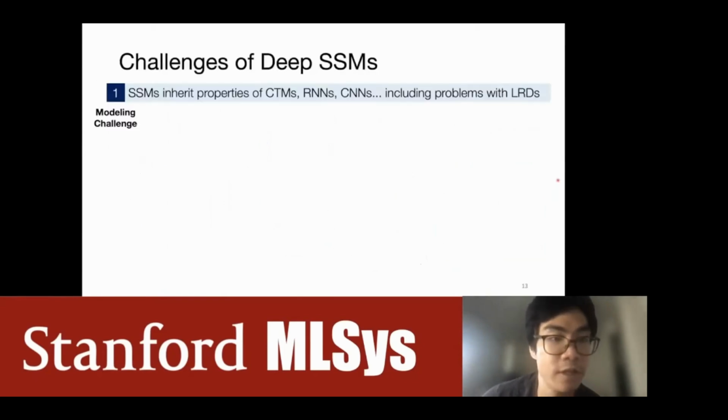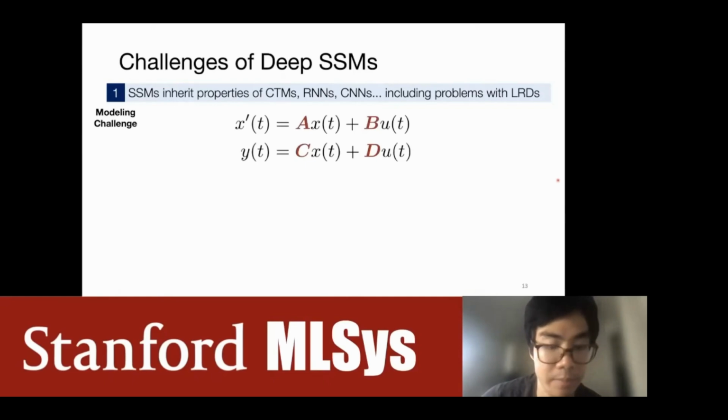The first challenge is that I mentioned in the beginning that these model families all have problems with long-range dependencies, and that's a problem we haven't addressed yet. So it turns out that state space models, being a special case of these, also have problems with long-range dependencies. Very concretely, in deep learning, we usually take the parameters, randomly initialize them, and then start learning them. We learn these A, B, C, and D parameters.